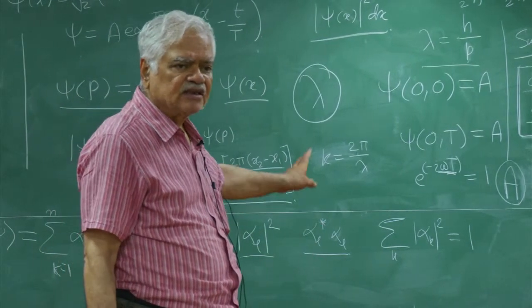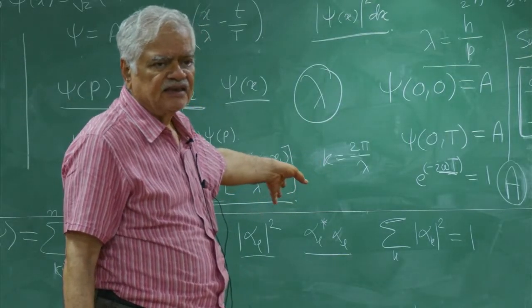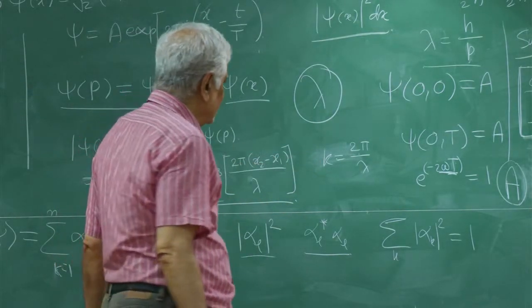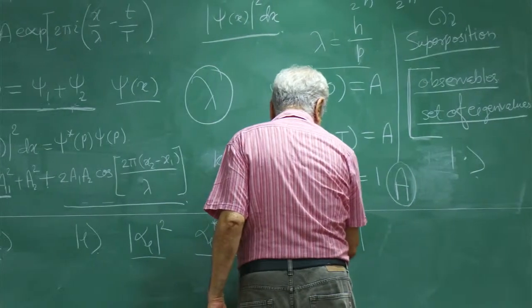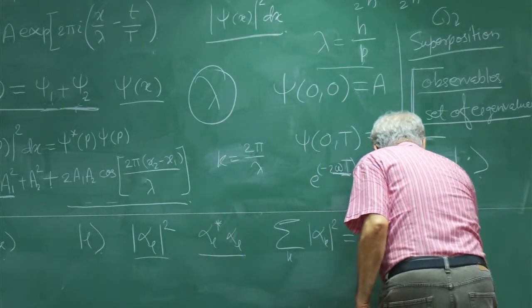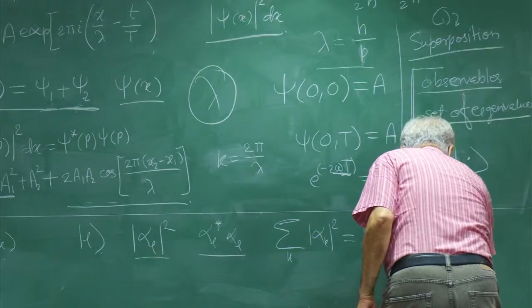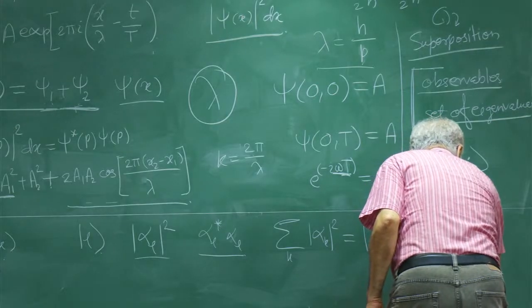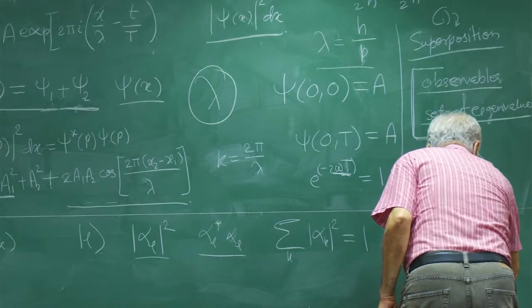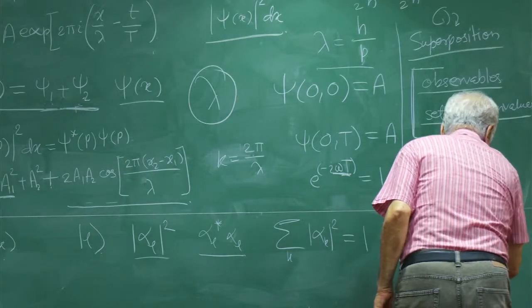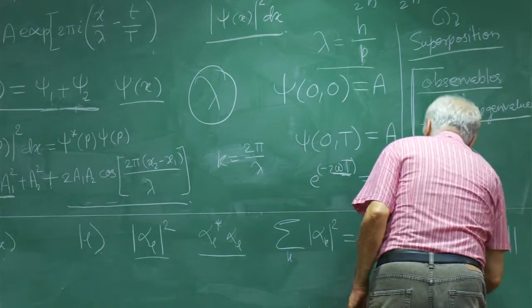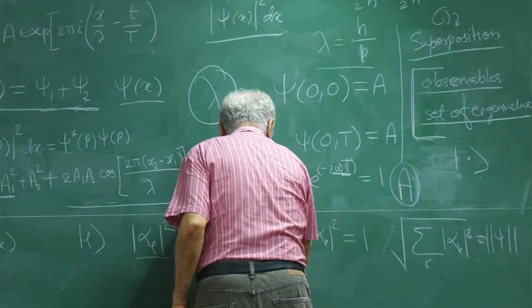The state which satisfies this condition is called normalized, and this is called the norm of psi. So this is norm of psi squared.